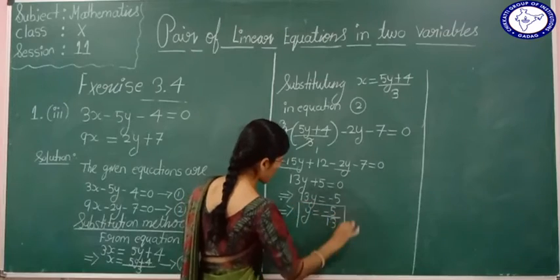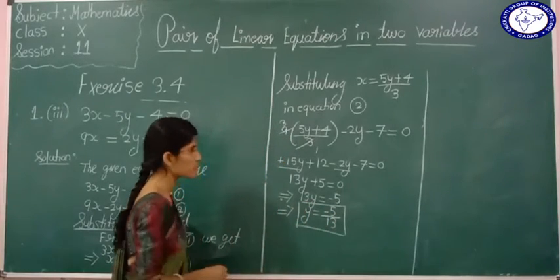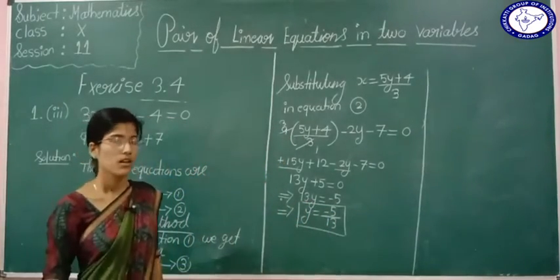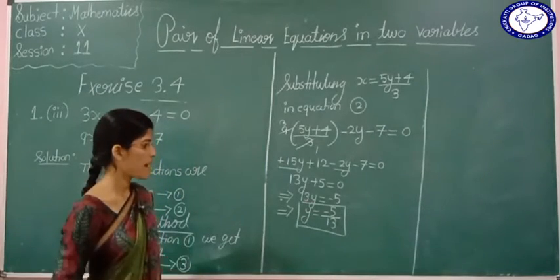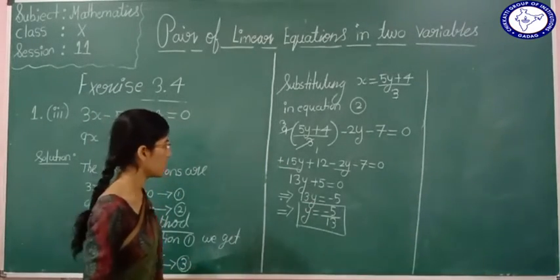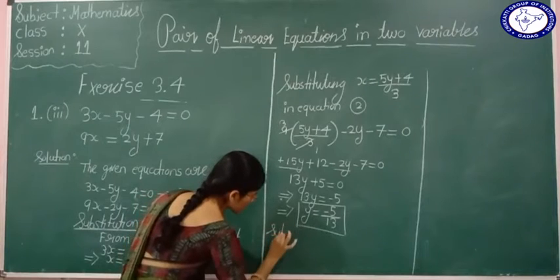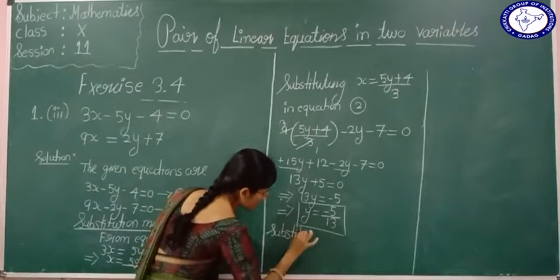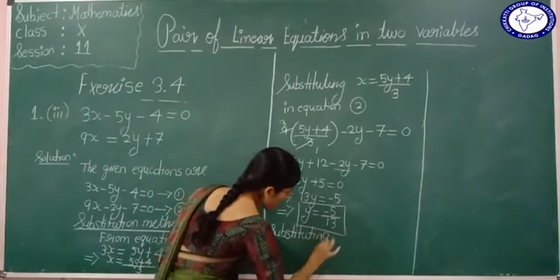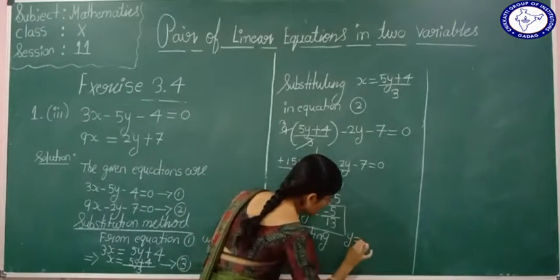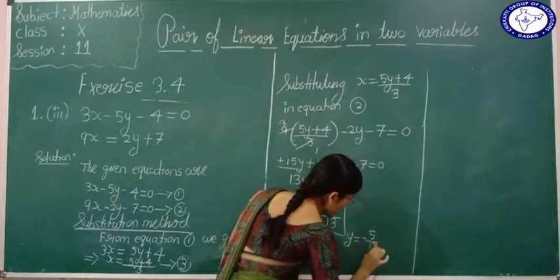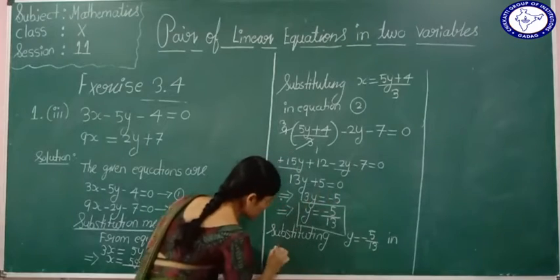We got the y value. Next, what is the next step, student? Substituting y is equal to minus 5 by 13 in equation number 3.